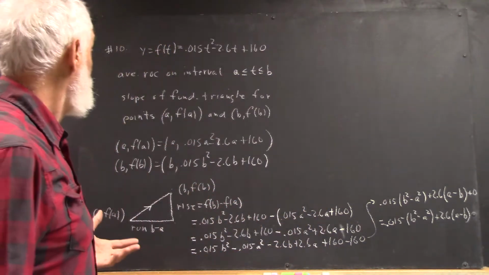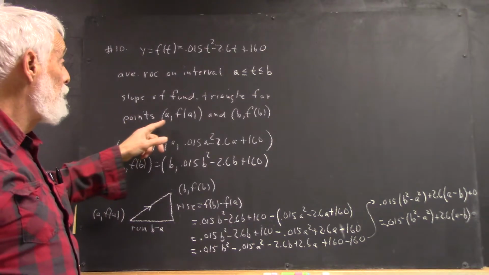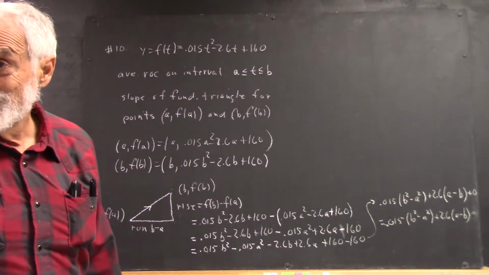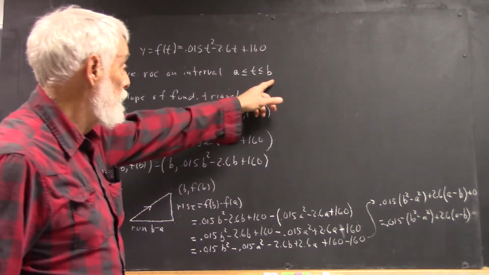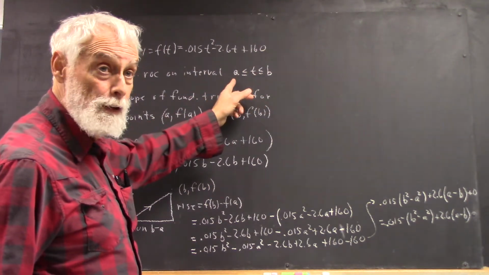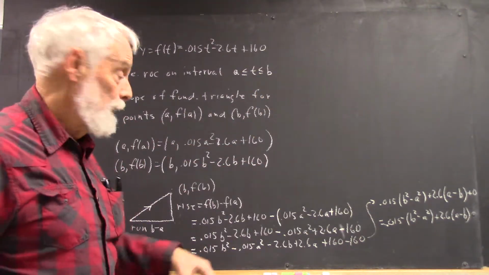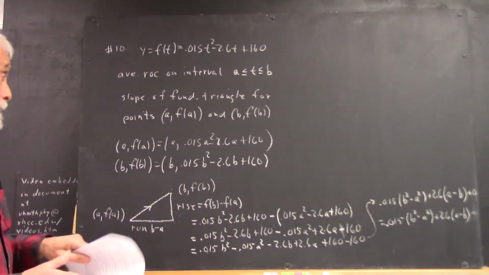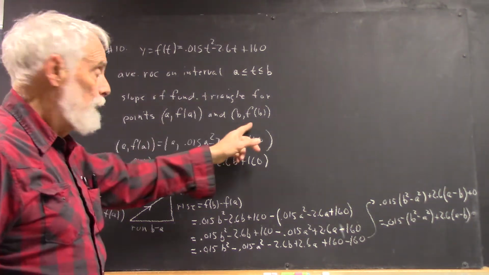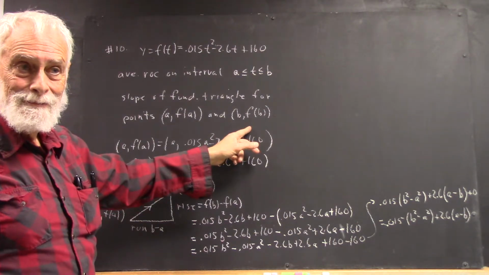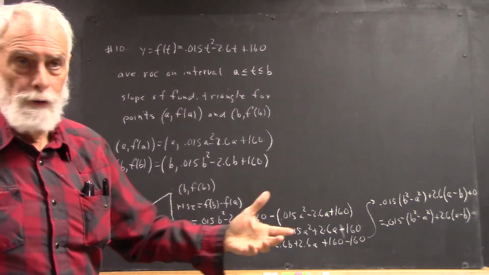If you know that the average rate of change is identified with the slope of a fundamental triangle between the points corresponding to this value of t and this value of t, which we talked about last time, and I think you had some in your homework related to this, then it becomes easy to understand why we do this and to understand that that's what you just obviously do.